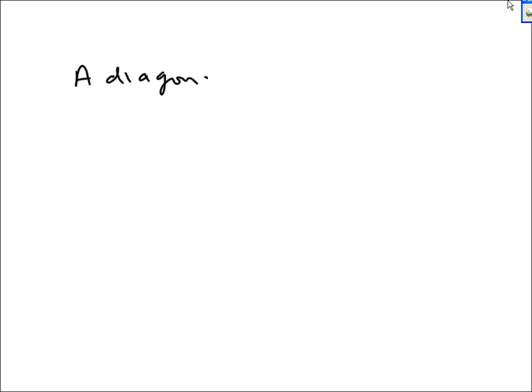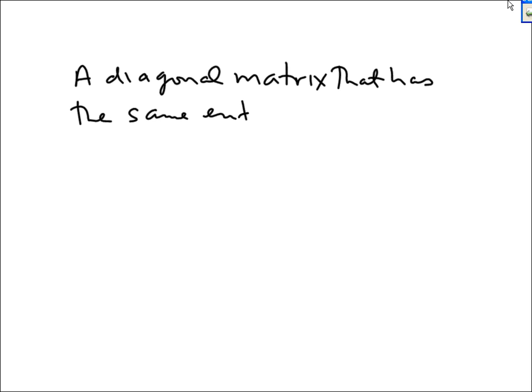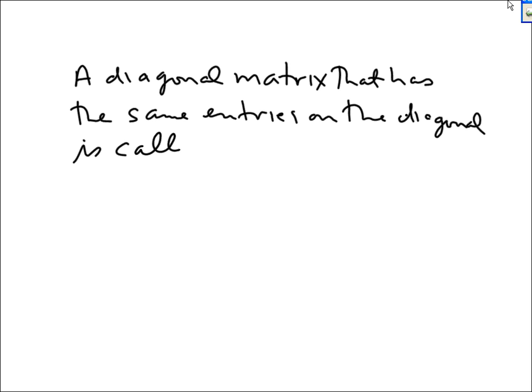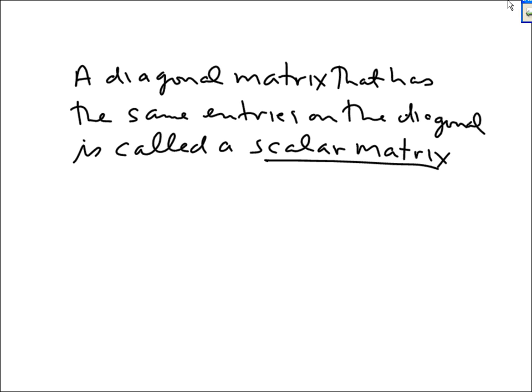A diagonal matrix, which we just defined, that has the same entries on its diagonal is called a scalar matrix. So we are talking about a special case of a diagonal matrix.